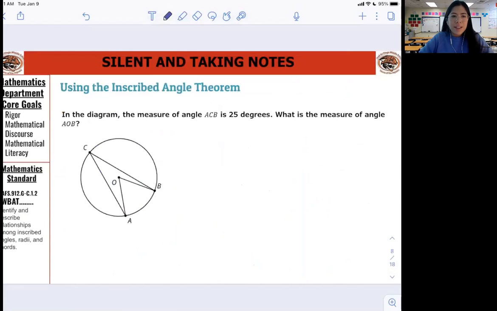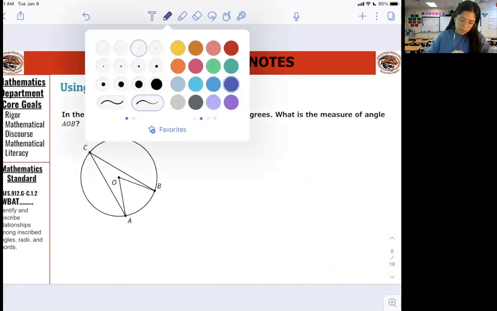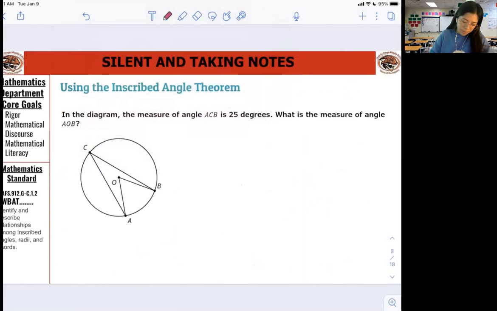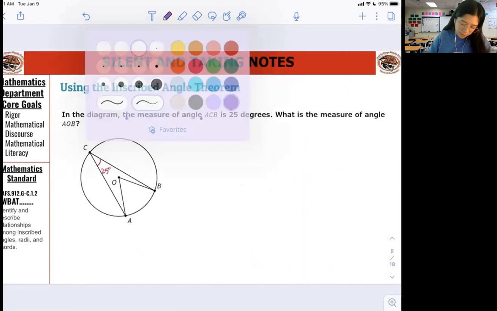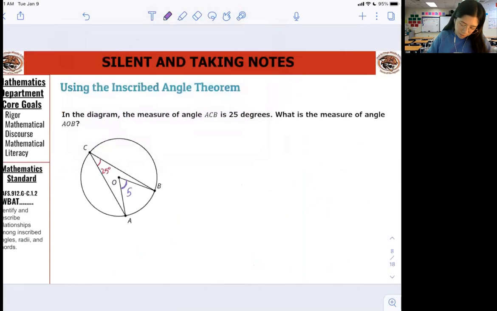All right. In the diagram, the measure of angle ACB is 25 degrees. Doesn't mean it's going to be hard, by the way. If this is 25, what's the measure of AOB? Easy, right? Simple, simple. 50 degrees.